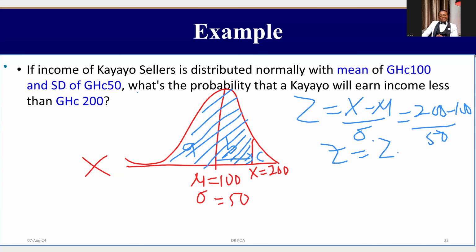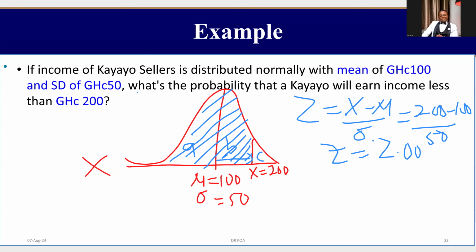And always make it 2 decimals. So it's 2.00. Guys, take your table I gave you. Open that table that I gave you. So I'm going to go to the table.